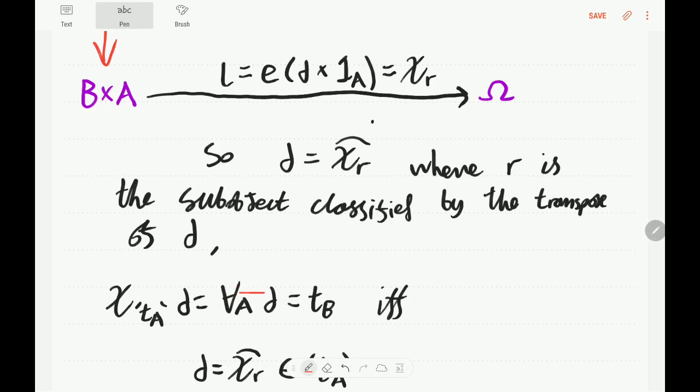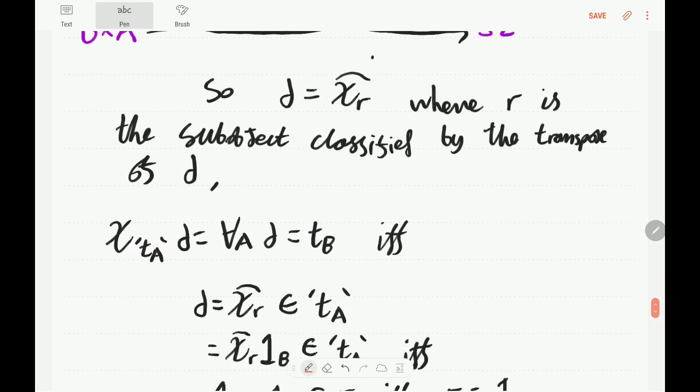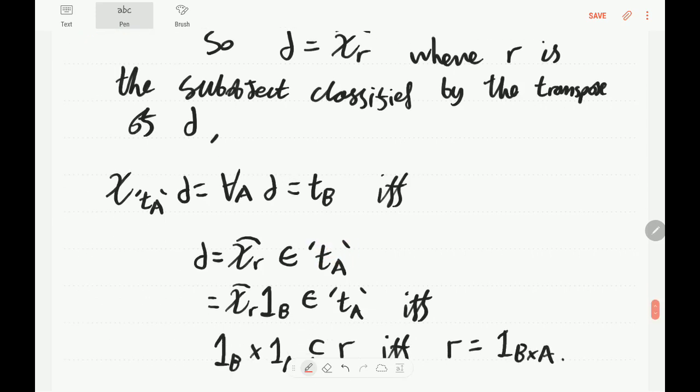What does it mean to write for all A, D equals TB? Well, it means that chi of the name of TA operating on D gives true. In other words, it means that D, which we know is chi R transpose, is in the name of true A.